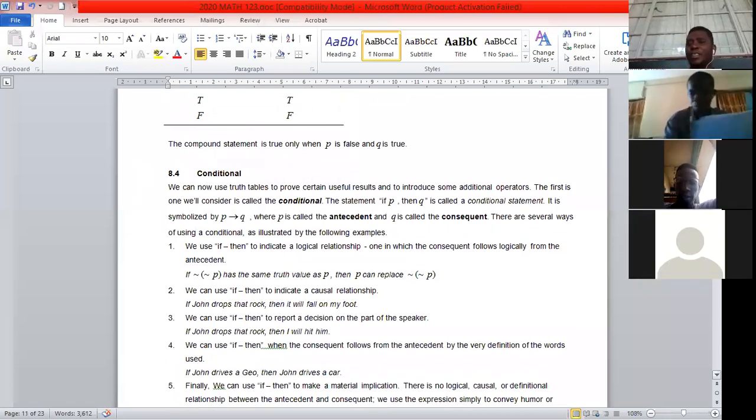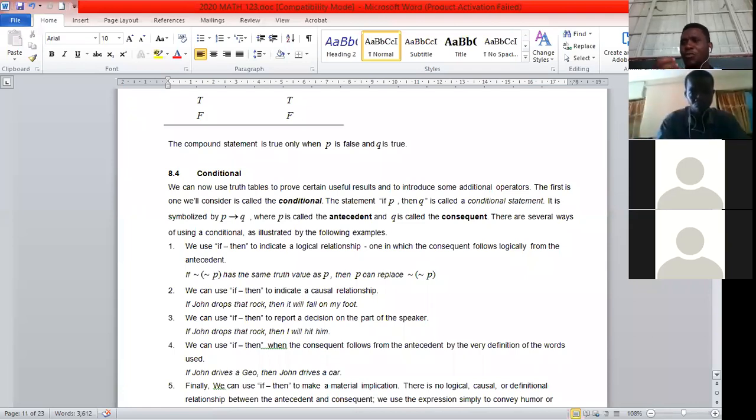Remember in logic, I've taught you how to bring connectives together. How do you bring connectives together? The connectives are, you have disjunction, you have conjunction, you have negation. You have disjunction, conjunction, and you have also what? Negation.